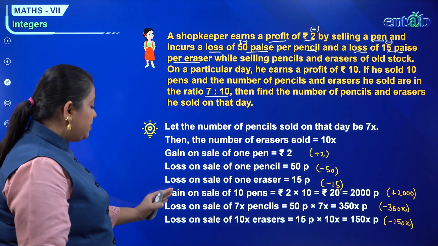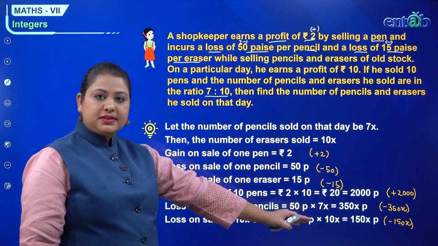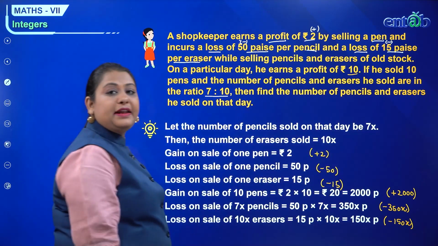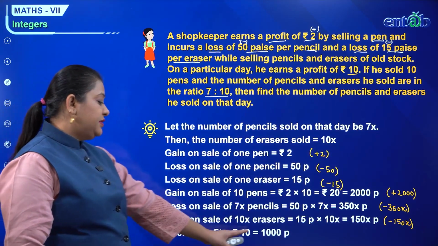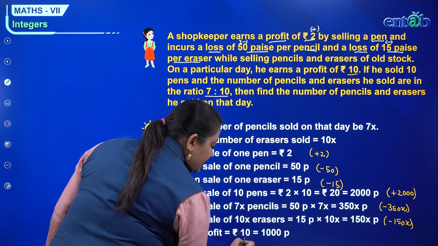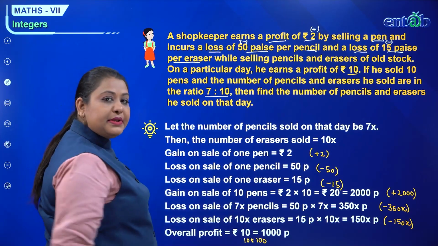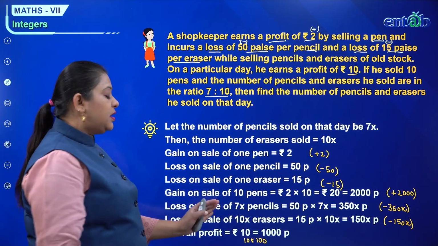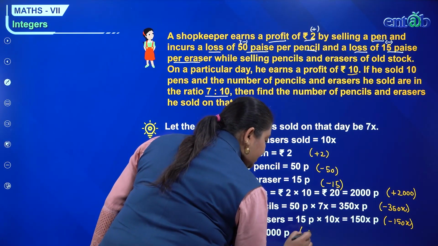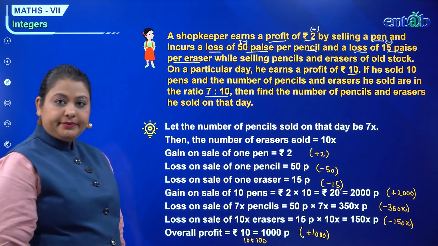Now, he sold these 3 items with these gains and losses, and the overall profit he made was 10 rupees, which is equal to 1000 paisa. Again 1 rupee is 100 paisa, so 10 times 100, that is 1000 paisa, right. So, 1000 paise can be represented as an integer as plus 1000 as it is profit, right.